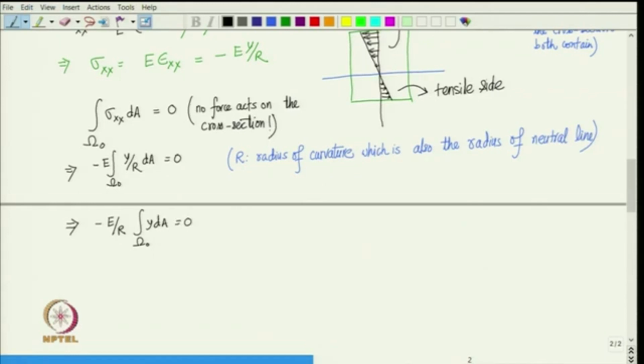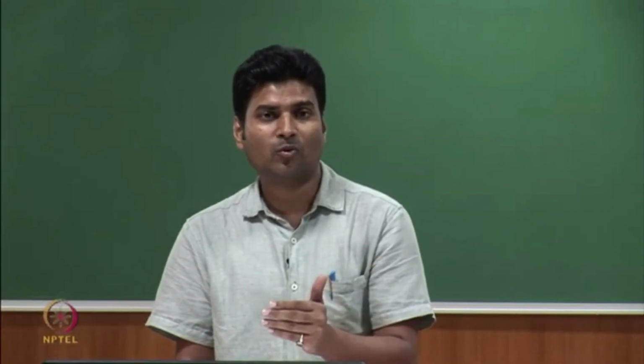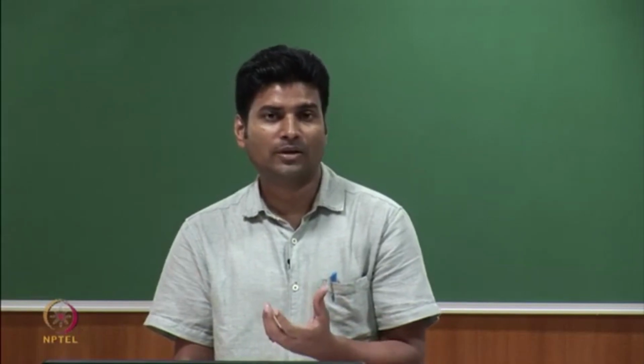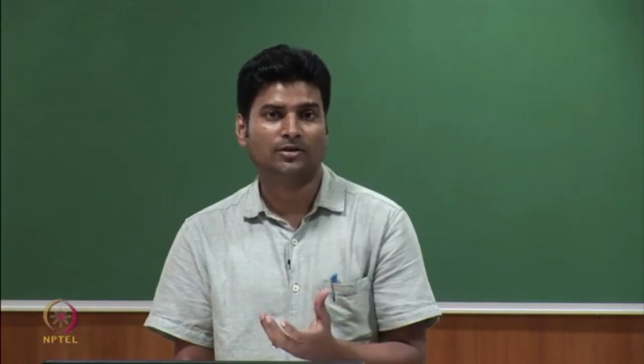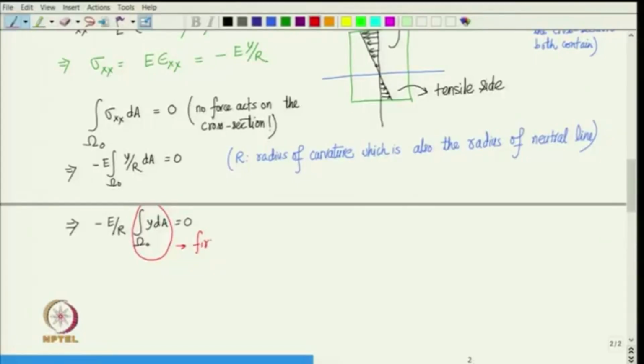Okay. So, it says that the neutral axis has to be at such a location such that when we measure y from the neutral axis, the first moment of y is 0. And what is the first moment? The first moment actually gives us the centroid, is not it? The first moment gives us the location of centroid for any area.